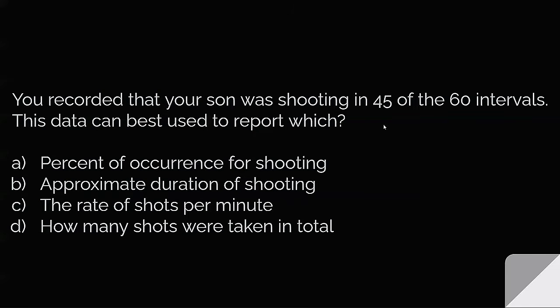In this one, partial interval underestimated how many shots were taken. 45 was the most that we saw, but that doesn't mean there wasn't an interval where he took several shots. It just means we only counted 45. I hope that makes sense, but it depends, unfortunately.